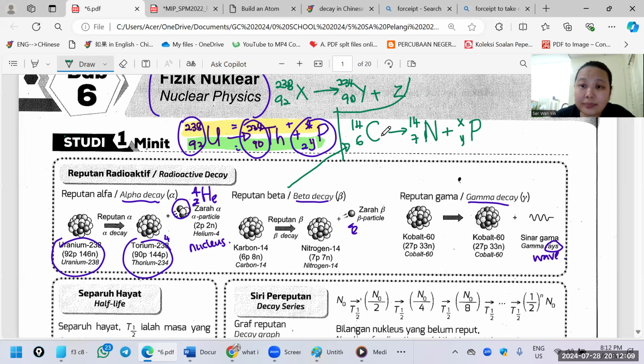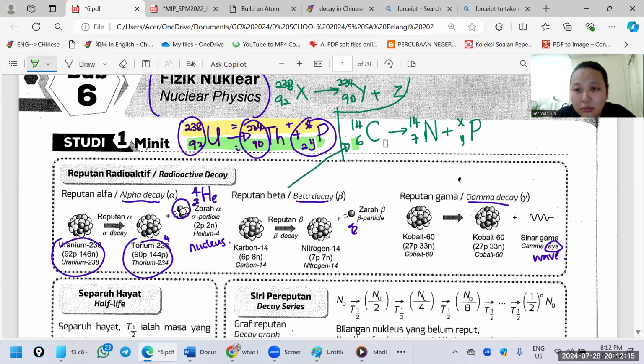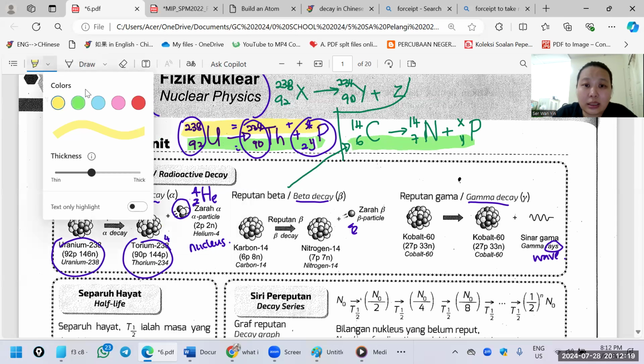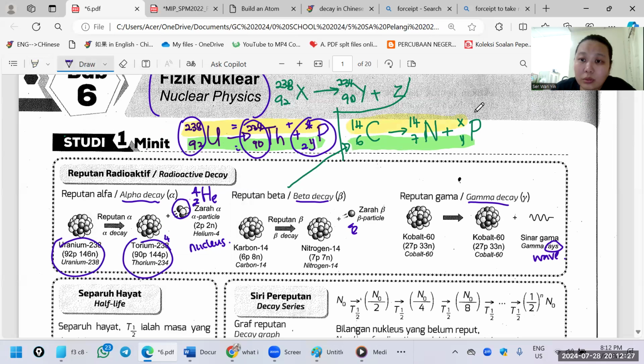Same thing, you just need to make an equation for the nucleon number on top and the proton number at the bottom. So we will get 14 equals 14 plus 0.